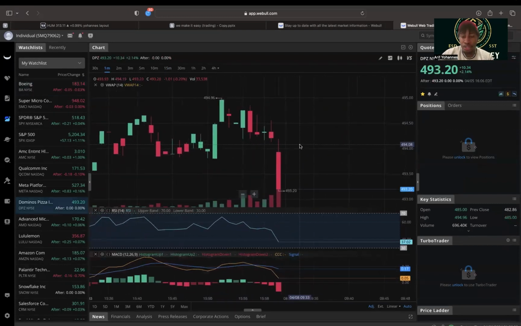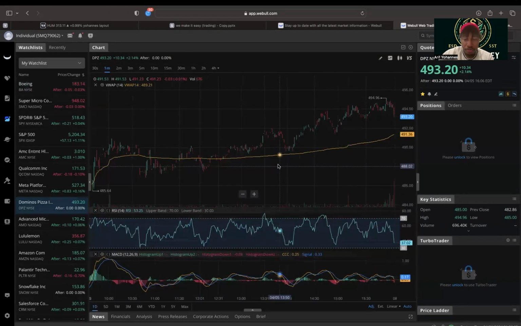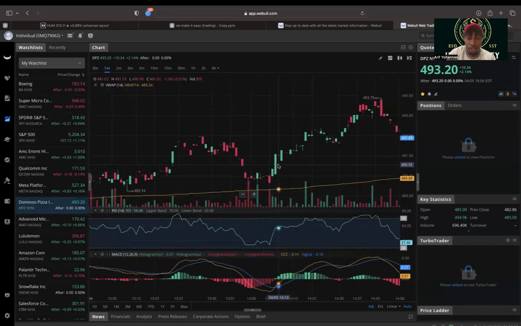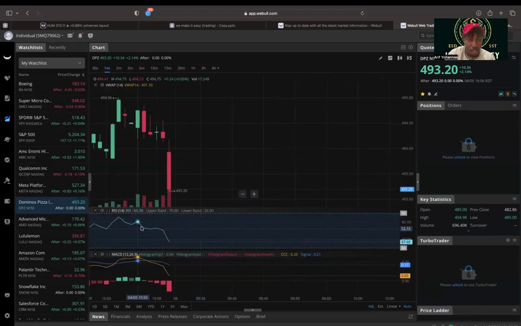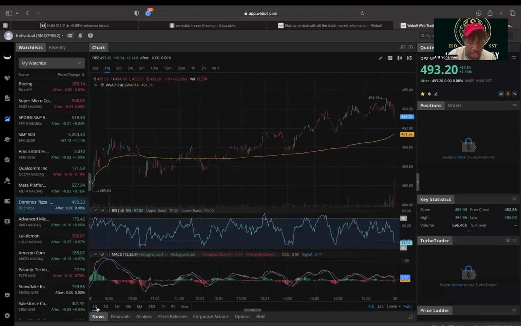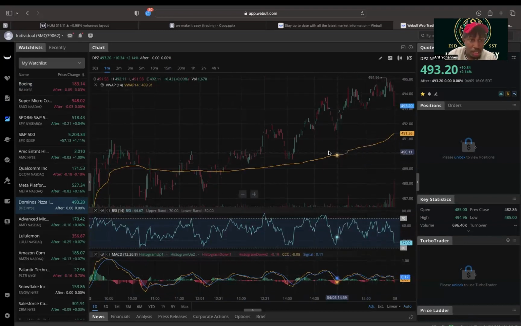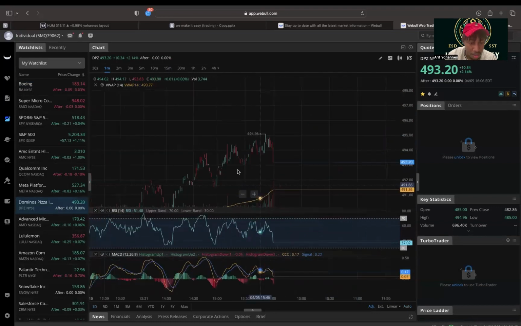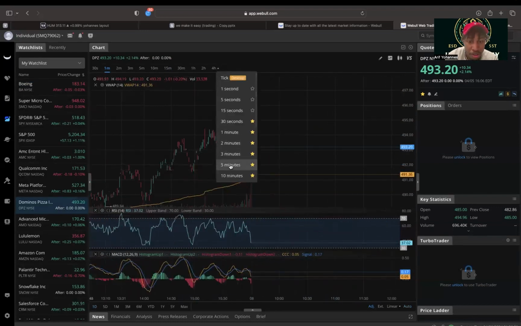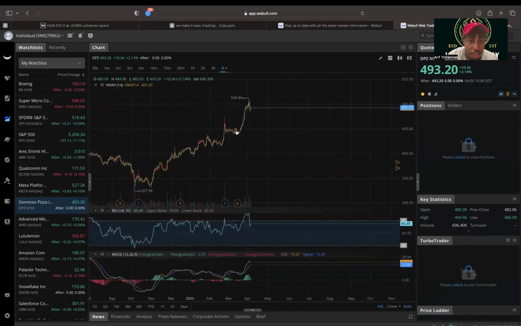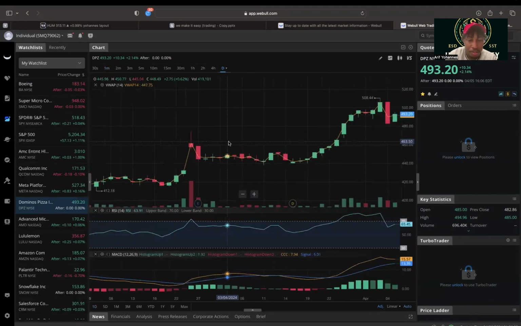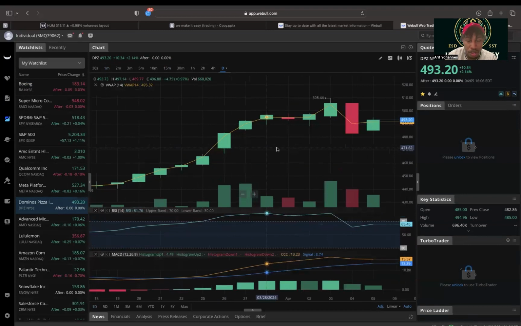Just by looking at this chart, it doesn't have the numbers like TradingView does, but we're on the, I'm going to go to daily. So now we're on the 1 day. Why does it keep doing that? 1 day, 1 minute, I guess. Hold on, let me go right here and click on the daily. There we go. I don't know what was going on.